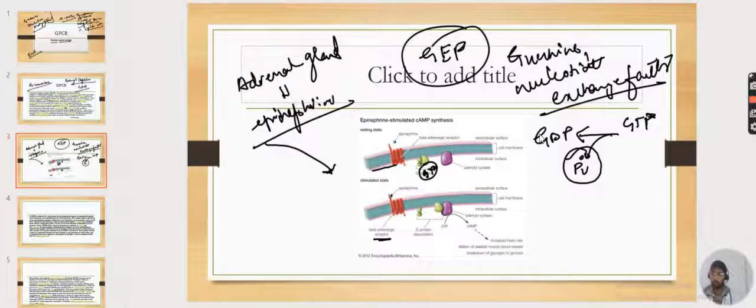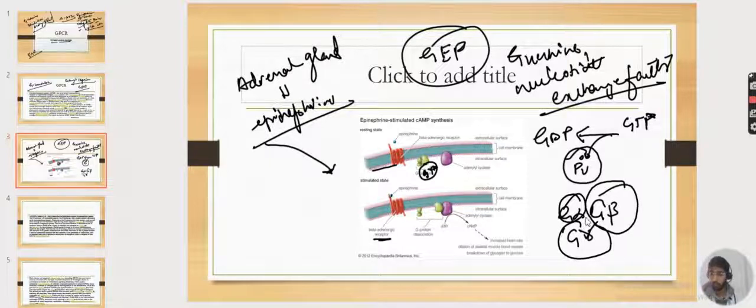Now this GDP, what would happen? This GDP would cleave this trimeric protein. In the trimeric protein, we had G alpha, G beta, and G gamma. So this would cleave this G protein from here.